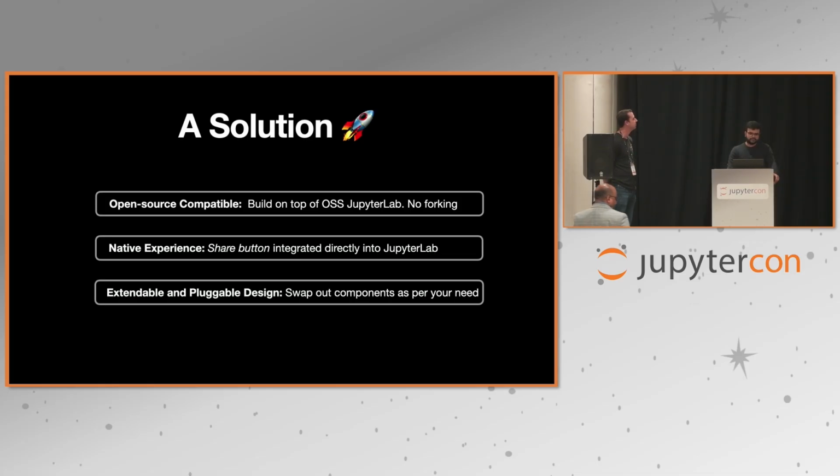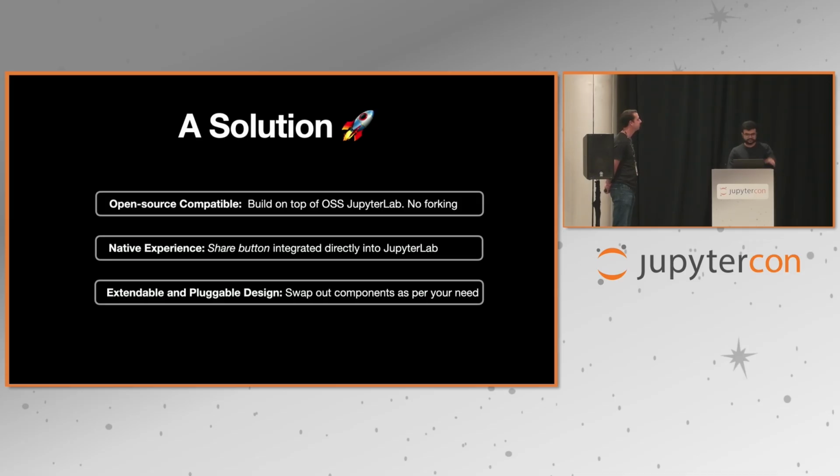So when we thought of building the solution, outside of the technical requirements like scaling, etc., these are some of the things that we wanted to build upon. First is no forking. We build on top of Jupyter so that potentially every Jupyter deployment gets this natively, and the experience doesn't seem like something that's put on top of Jupyter.